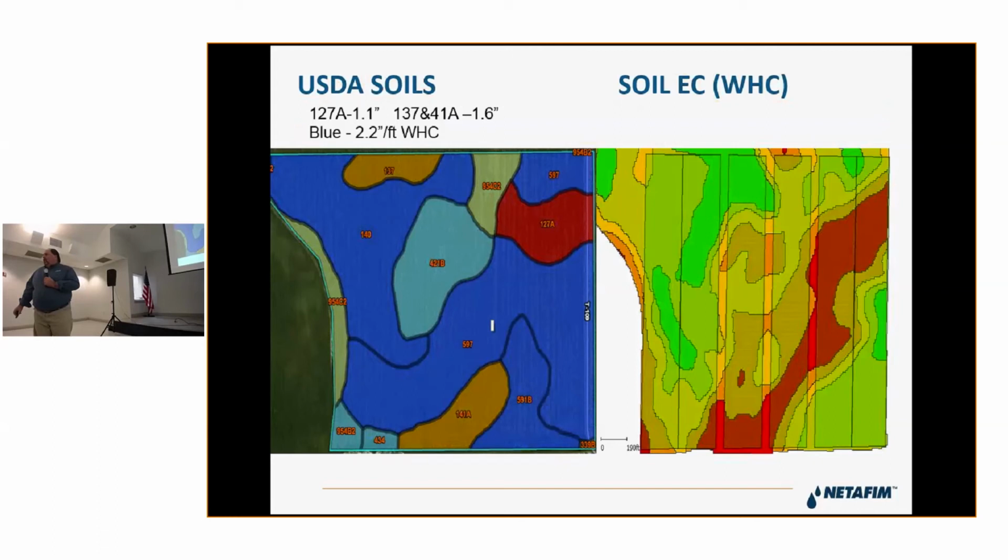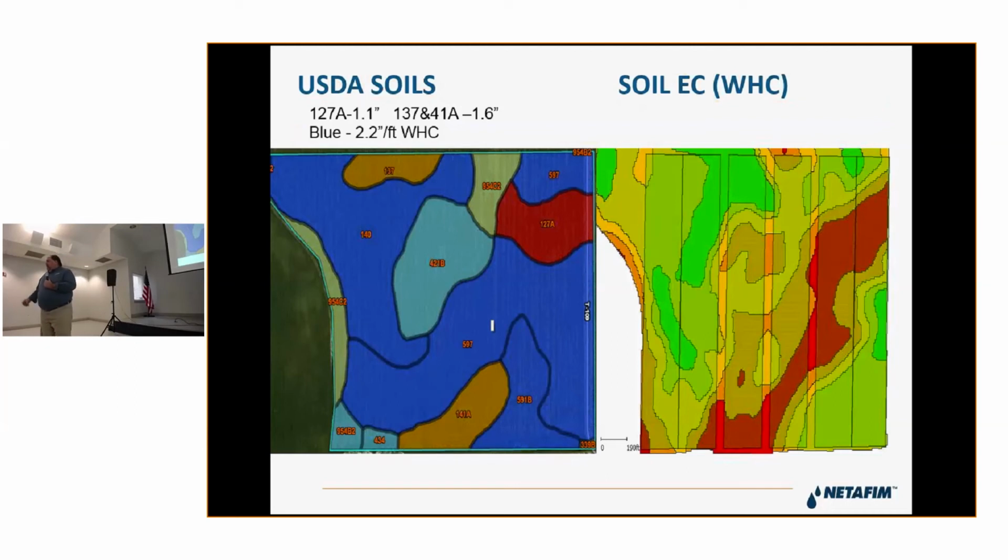Pretty darn good soil. The gold color in the middle is about 1.5 inches per foot of water holding capacity, and the red is about 1 inch per foot. So this holds about half as much water as the blue does on the soil survey.